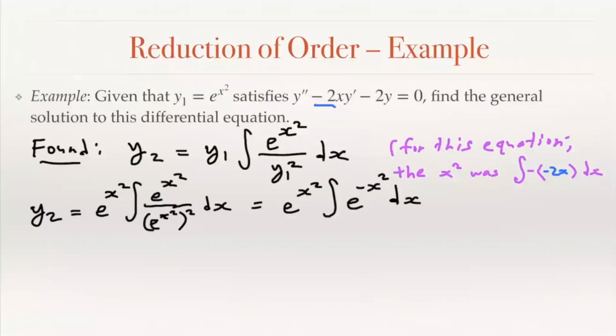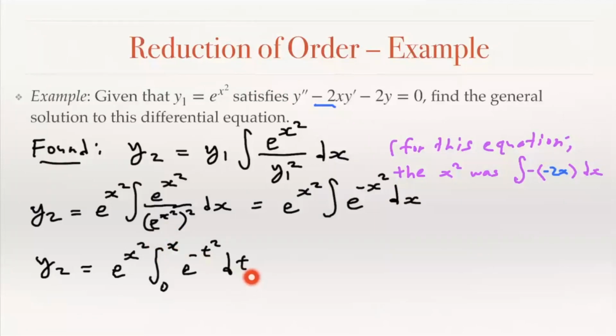And good luck evaluating this integral. This integral cannot be evaluated in terms of elementary functions. The only thing we can do for this other solution is write y2 is e to the x squared times the integral from 0 to x of e to the negative t squared dt, just putting our variable x up here and letting t be a dummy variable.